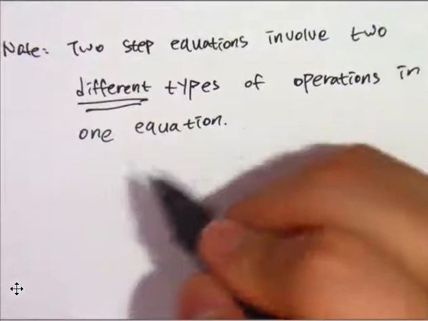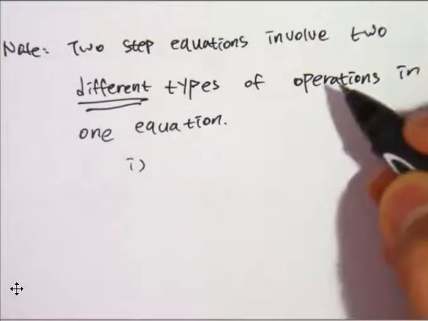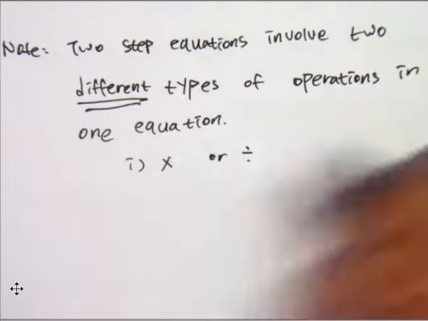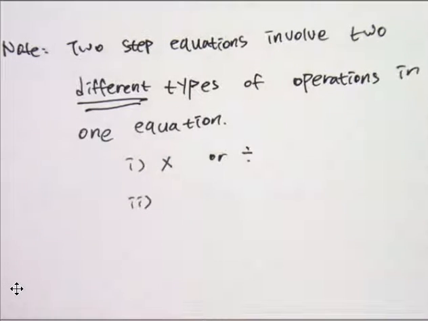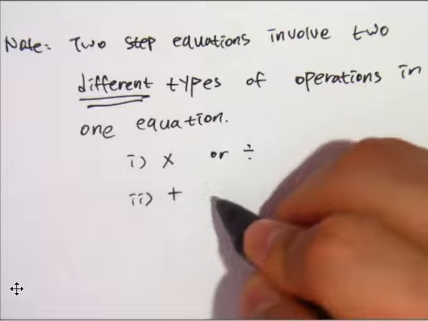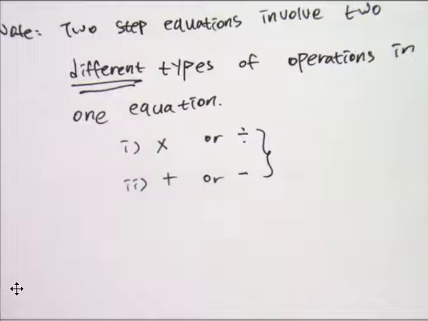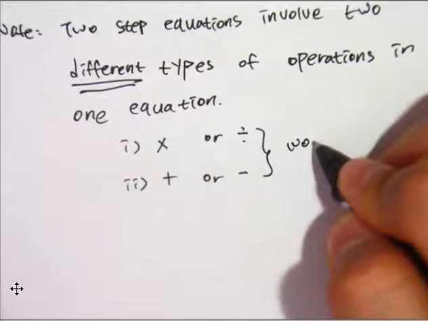What I mean by that is, for example, if you're dealing with any multiplication or division, the second type of operation that you will see is probably addition or subtraction. These two in Math 7 generally work independently.